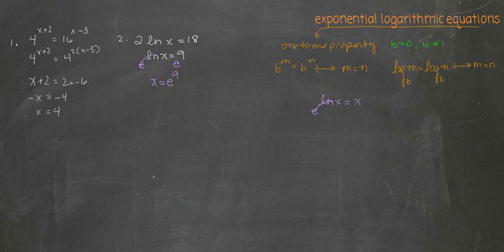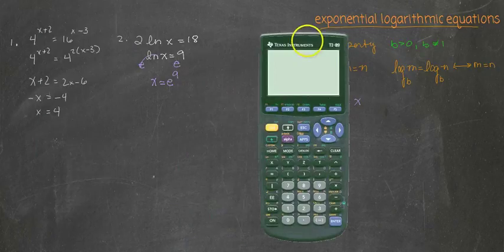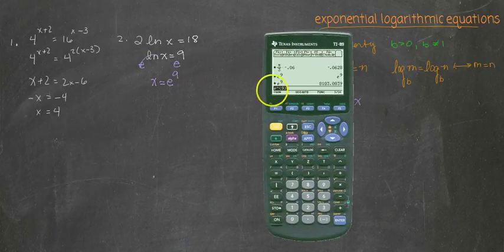I can finish here if I want an exact value, or I could put it into my calculator. Yes, e raised to the 9th power equals approximately 8103.084, going with 3 decimal places.